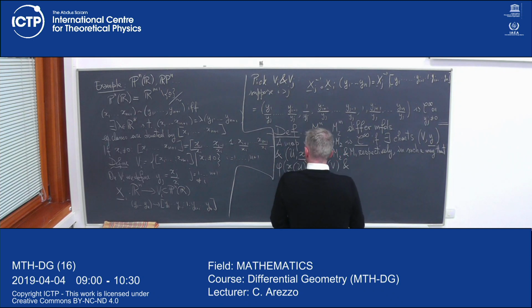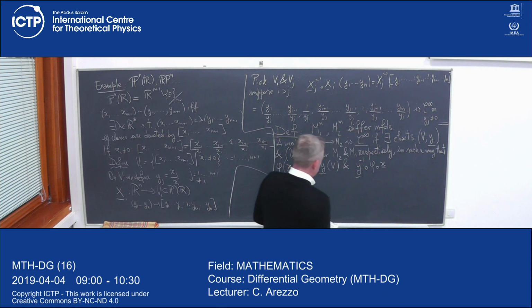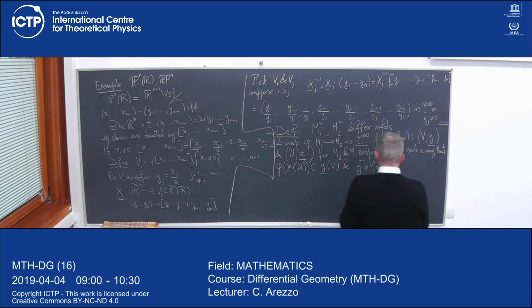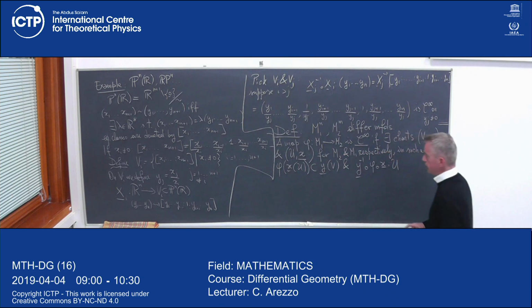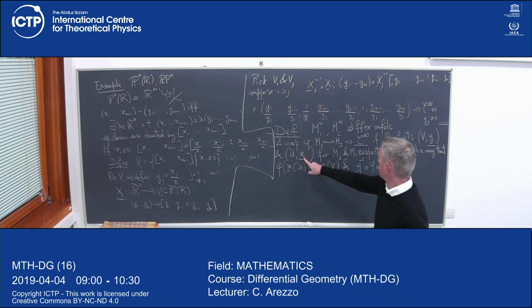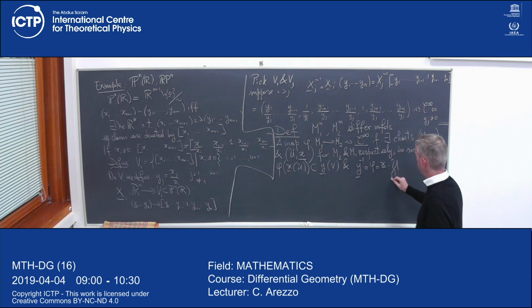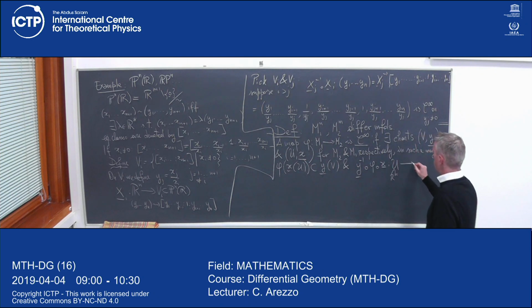Now the real condition is that y inverse composed with phi composed with x. So where does this map go? This goes from U, which is a subdomain of R^n, since U is a chart for M1. And where does it go?